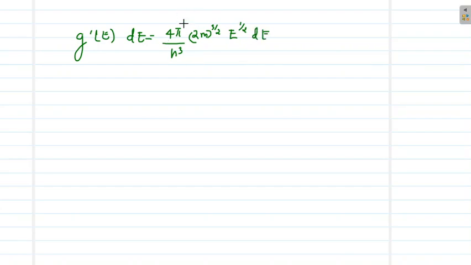We cancel the V in the numerator with the denominator V. So this is the final equation for the density of states within the energy interval dE per unit volume. So now I think you have obtained the concept of density of states.